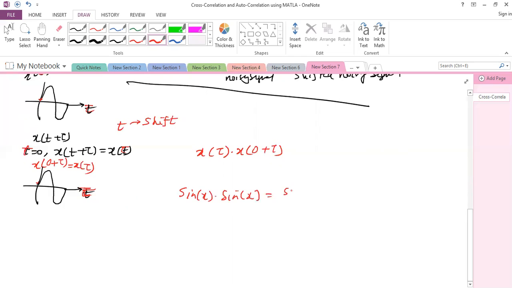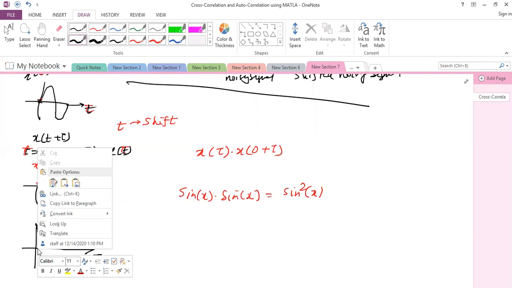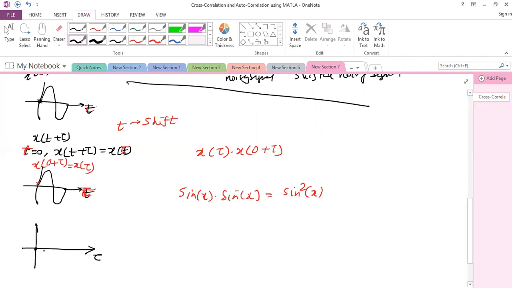It will be sine square x form. So the resultant curve will be on the tau scale. At the 0 instant, it is 0 into 0, which is 0. So these extremities will be fixed. So this is 0.